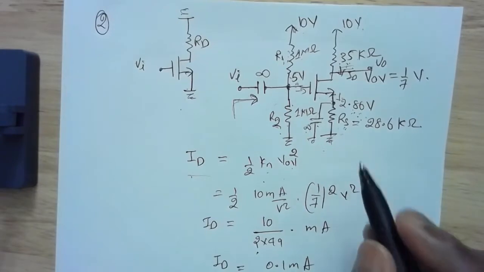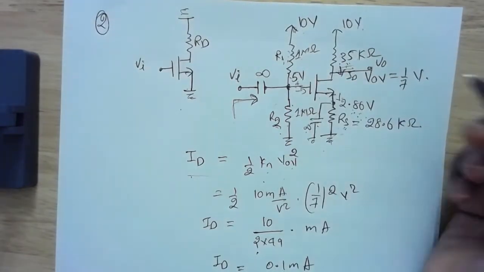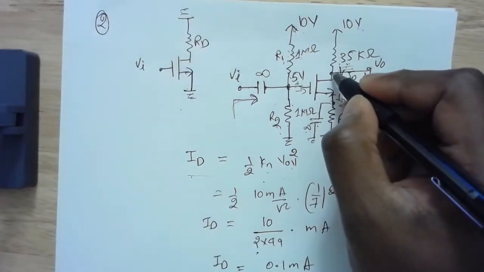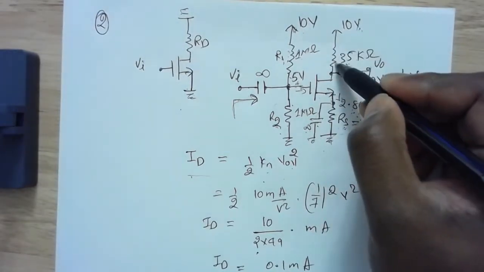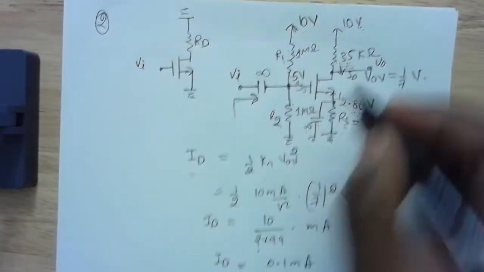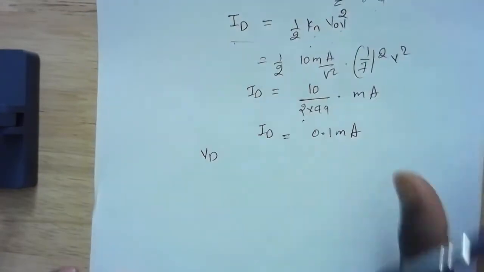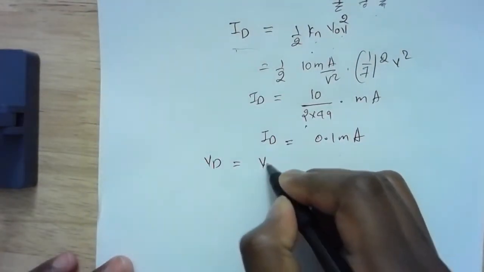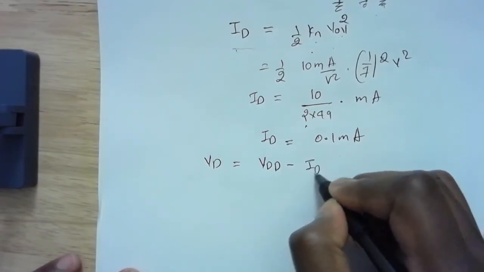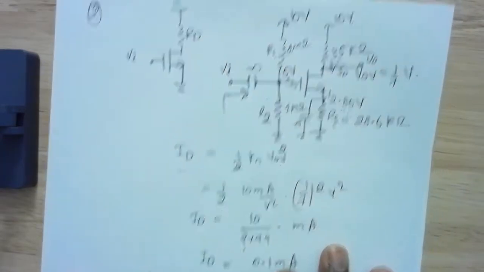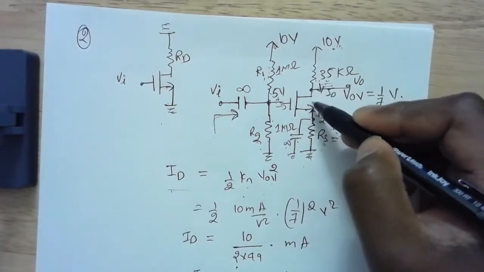I know VG is already 5 volts. Can I calculate VD? Yes, because I know the current through here. My VD, the voltage at the drain, will be equal to VDD, my power supply, minus ID times RD.